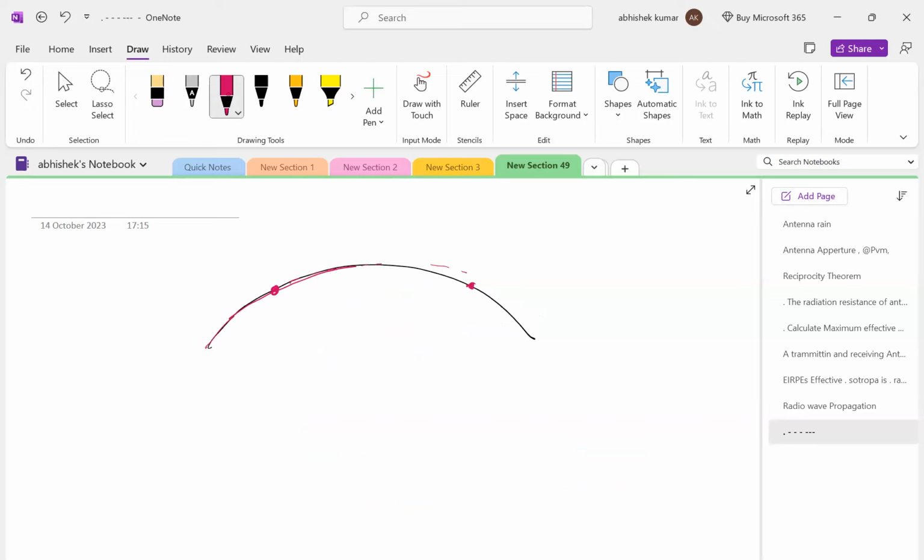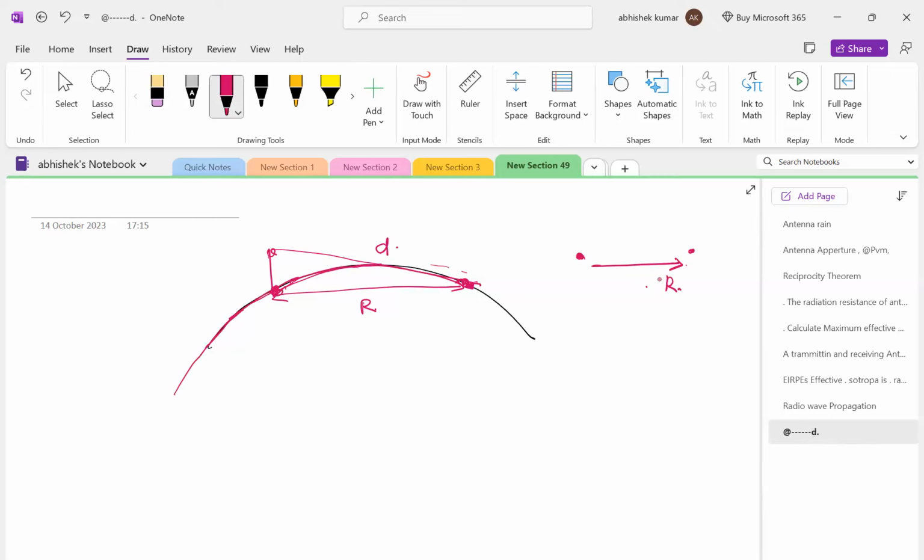But the earth is not flat. Suppose this distance is r, but since the earth is not flat, the signal is transmitted from this to this. Suppose this is one antenna and this is another antenna. In free space we could say d is the distance between them, but that is not the case, because of the earth's curved shape.